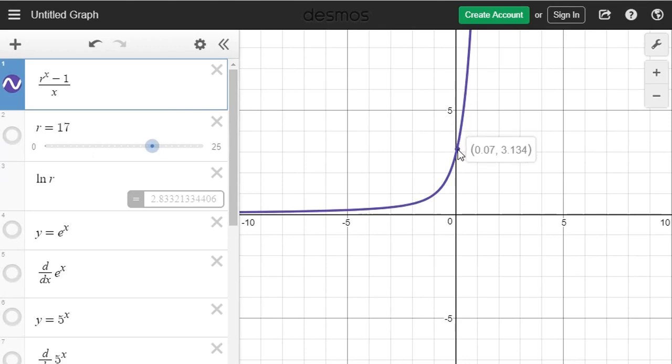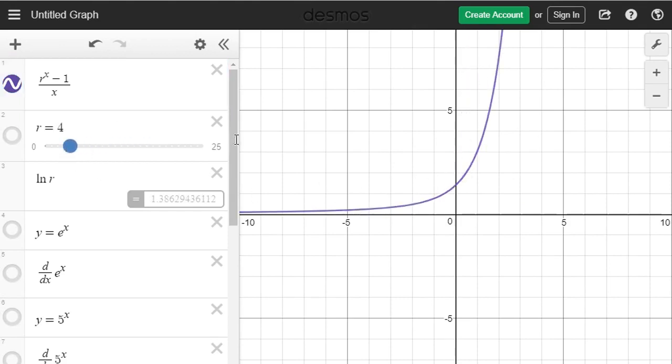As I approach 0, what I'm noticing is that my y value appears to be getting really close to whatever the natural log of that number is. So notice it appears to be kind of sandwiched around that 2.83 number.